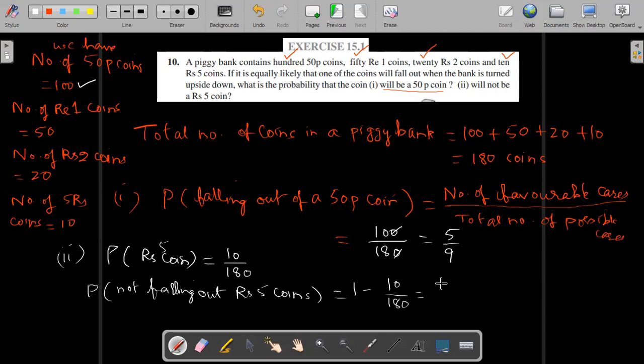So this will be equal to, LCM 180, so 180 minus 10 upon 180, that is equal to 170 upon 180. 0, 0 cancel. We got 17 upon 18. Answer is 17 upon 18.